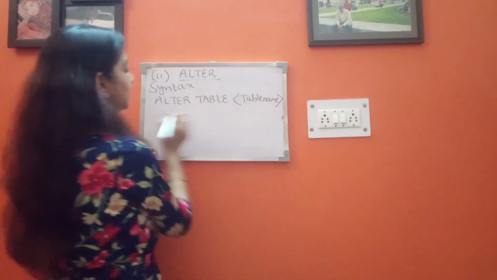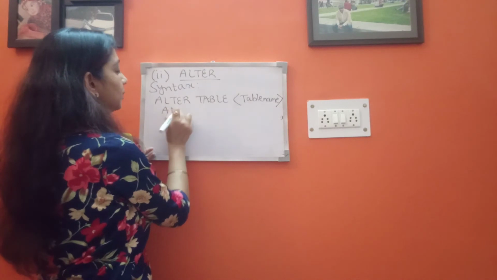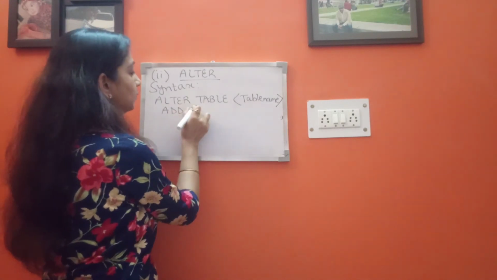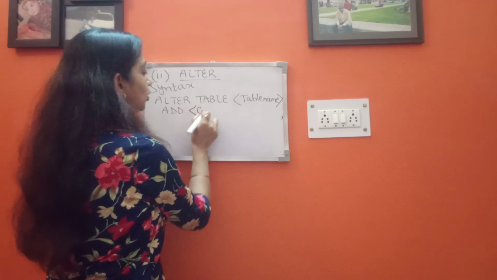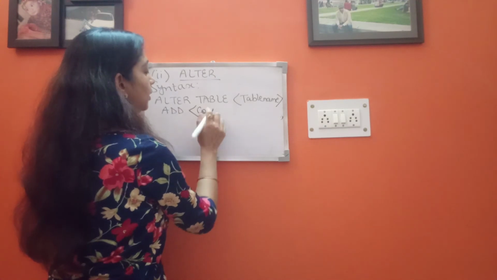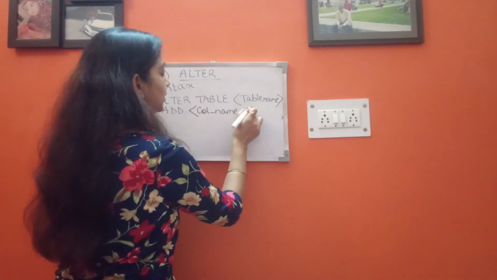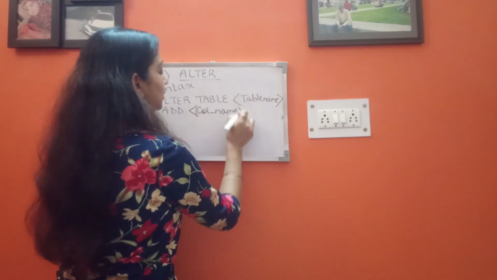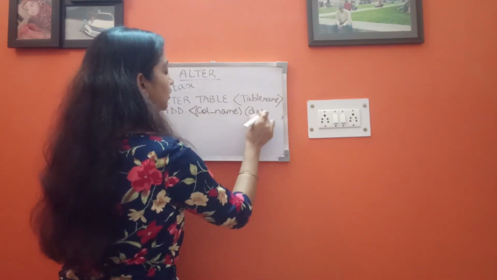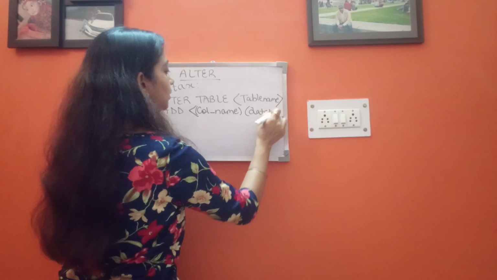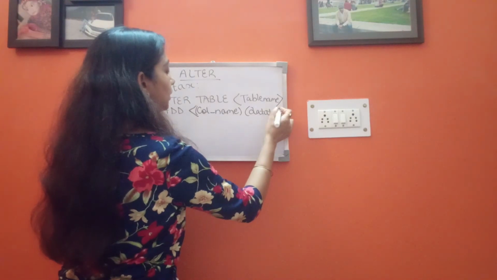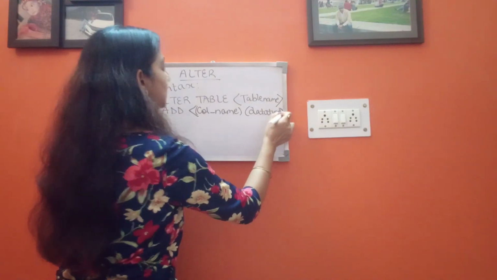Now what do I want to do within the alter command? I want to add a new column. So I will give the column name and I will mention its data type and end it with a semicolon.